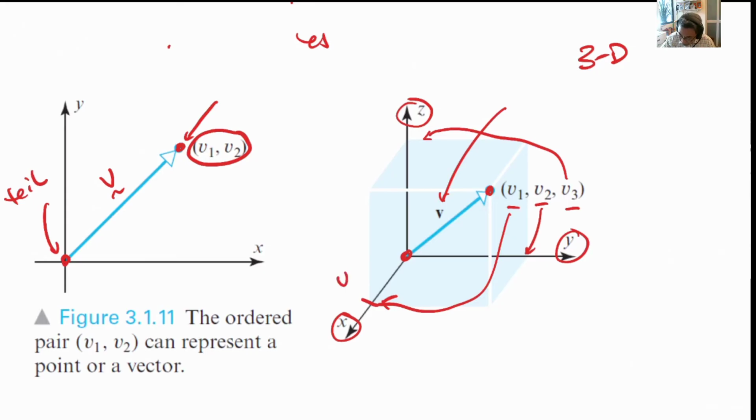So it will be the v1 value here, the v2 value here, and the v3 value here, representing this vector v in the 3D coordinate system.